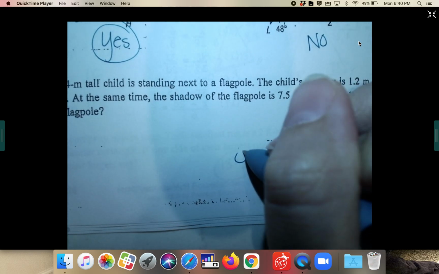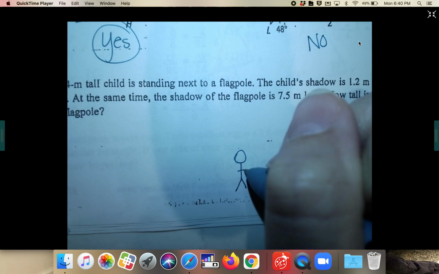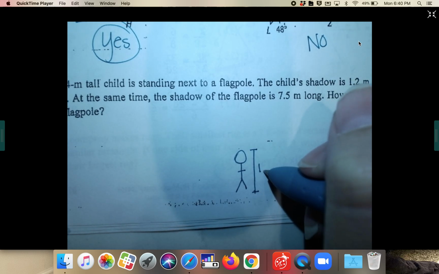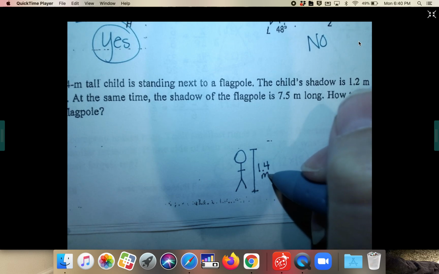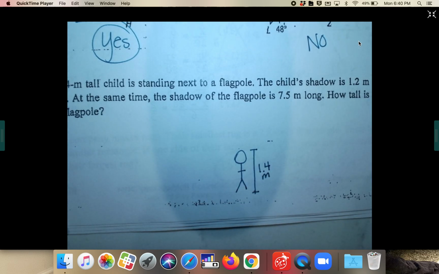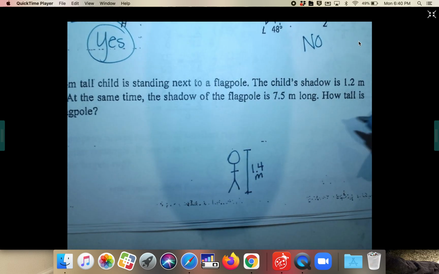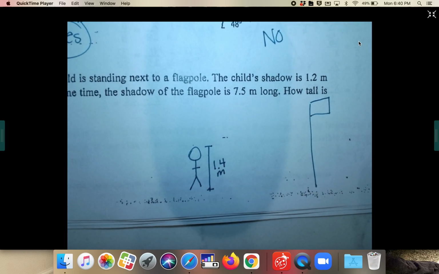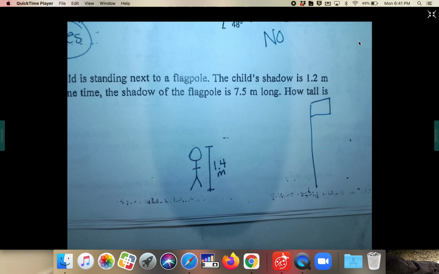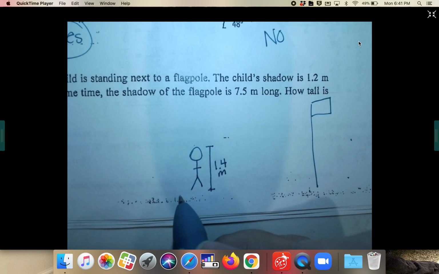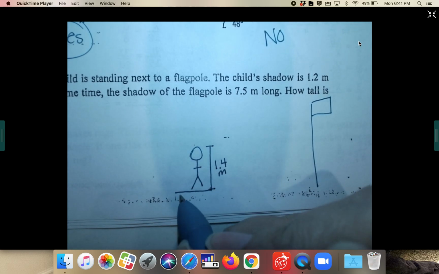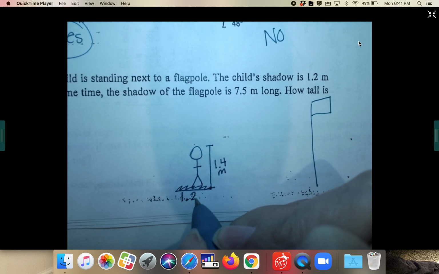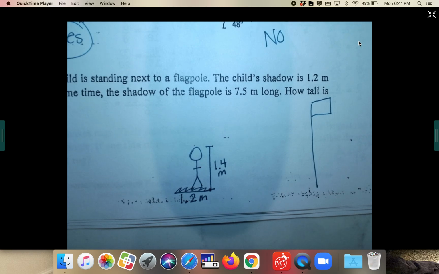So a 1.4 meters tall child is standing next to a flagpole. If I measure the child's shadow, here's the shadow, it is 1.2 meters long.